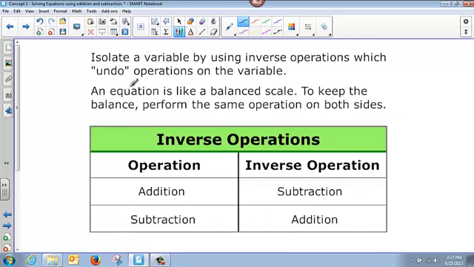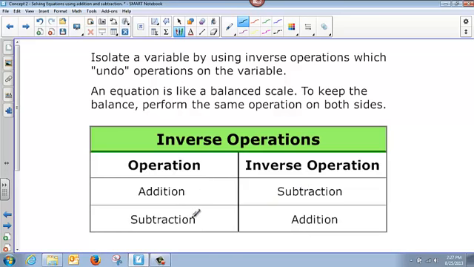We isolate variables by using inverse operations, and these inverse operations undo the operations. So if there is addition going on, the inverse operation is subtraction, and subtraction undoes addition, and vice versa. Addition undoes subtraction.